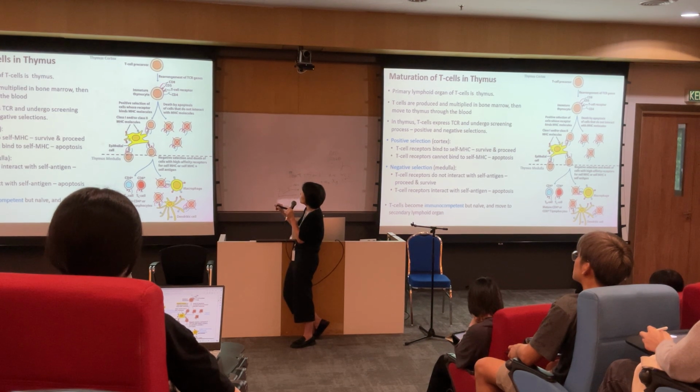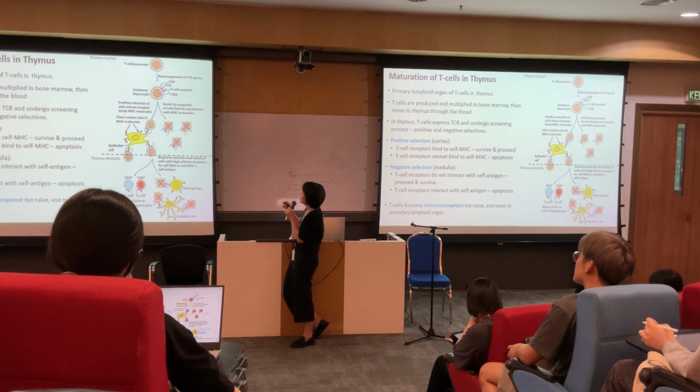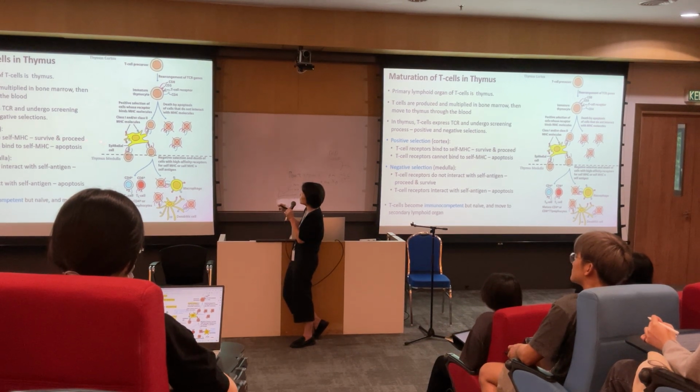It happens in the cortex of the thymus. When the T cell receptor, this TCR, recognizes the MHC here, then they can actually interact. Important is that these T cells must be able to recognize MHC, either class 1 or class 2. If they recognize it, they are not going to be removed, they survive and proceed to the next step.